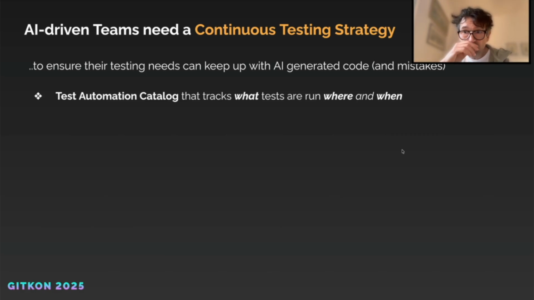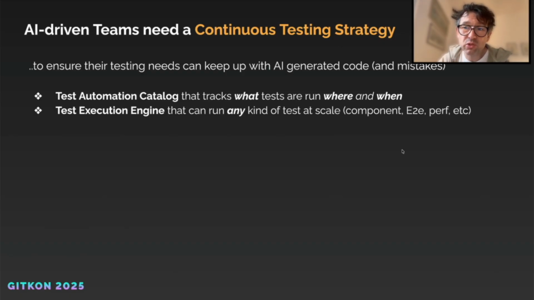And so one way to break this down is, in a continuous testing world, you need a catalog of all the tests so you can have insight into what tests you are running, where and when across this pipeline that I showed you. You need an execution engine to run your tests consistently, because you want the same test results whether you run your tests locally, in CI/CD, or as a pre-production provisioning or promotion gate.